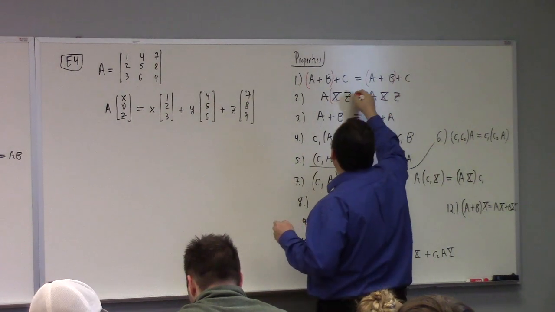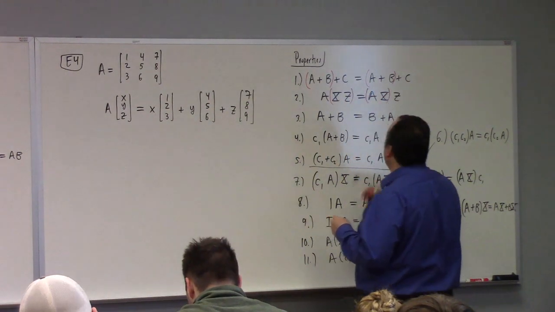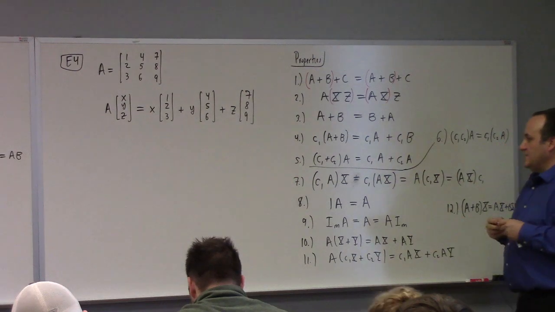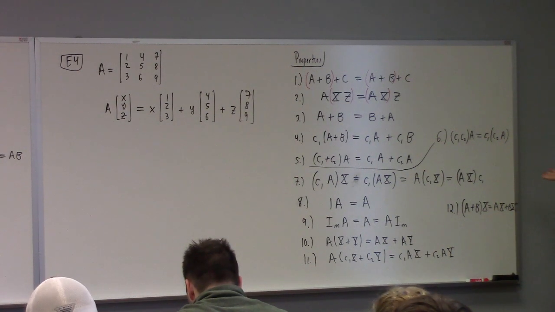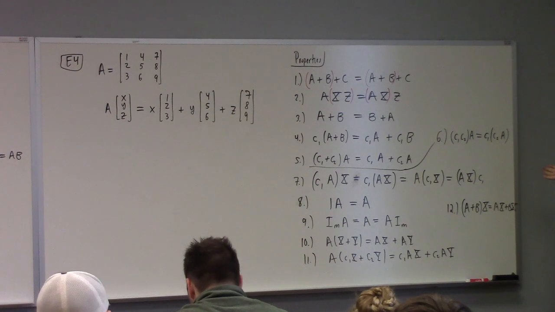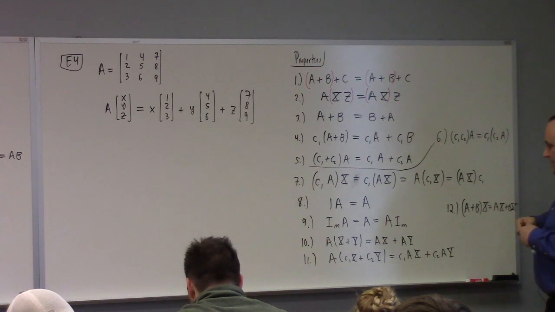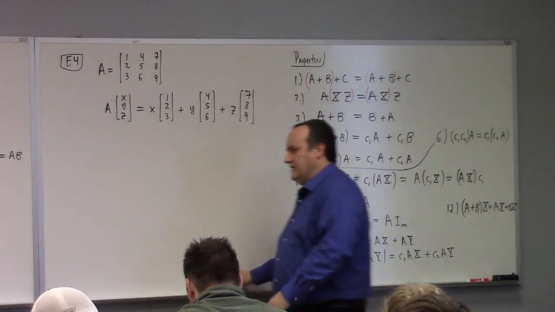It doesn't matter which one you multiply first or last, it works out the same, right? So these are the rules of matrix algebra. The other rule was provided to us by example 1, which is AB is not generally equal to BA.